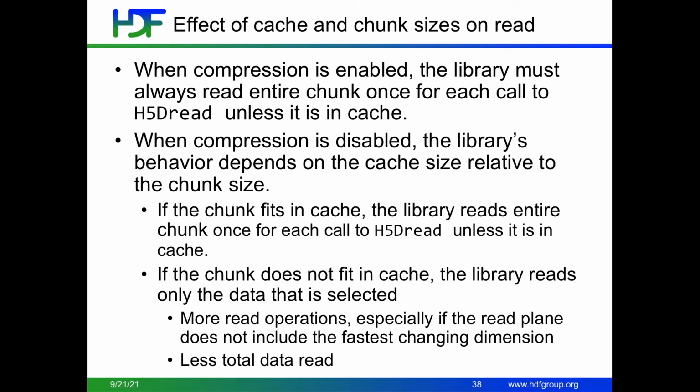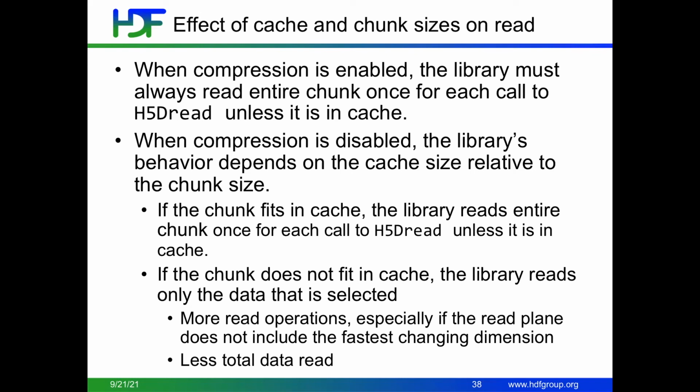When compression is disabled, library behavior really depends on the cache size relative to chunk size. If the chunk fits in cache, great. First of all, you'll have one big I/O, and then the data is not compressed, it's in the chunk uncompressed. It's easy to read, no decoding is going on, and data is copied.